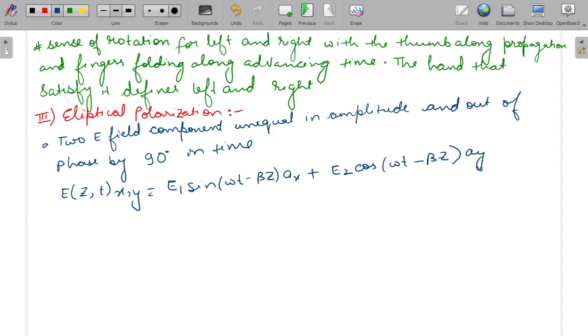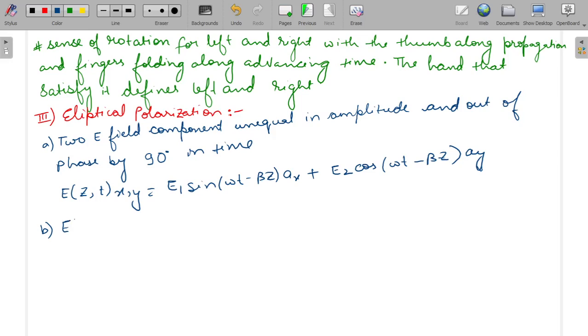And one more case in the elliptical is two E field components in different phase.